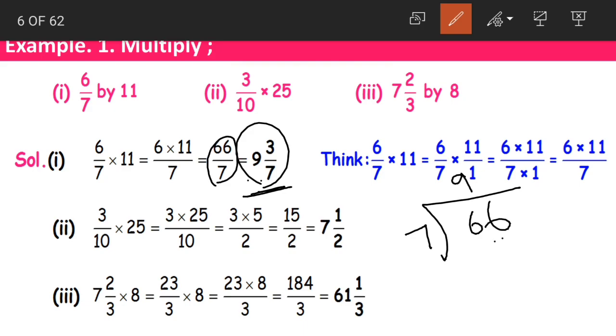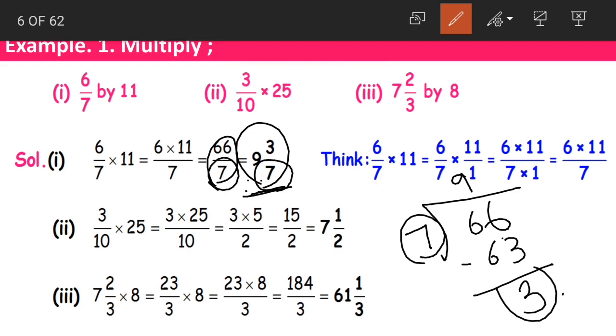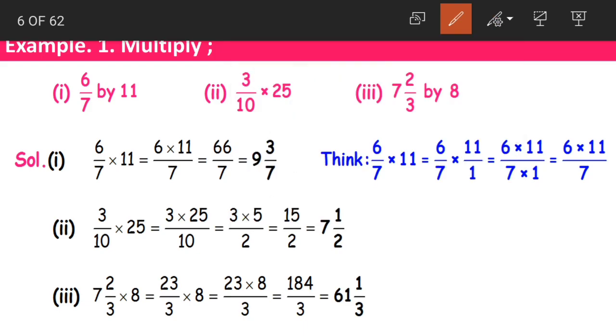We know that 7 nines are 63. When we subtract, the remainder is 3. Yes students? So the 7 which is the denominator will be written as it is. Now 9 which is the quotient will be written to the side, and 3 which is the remainder will be written as our numerator. Clear students?